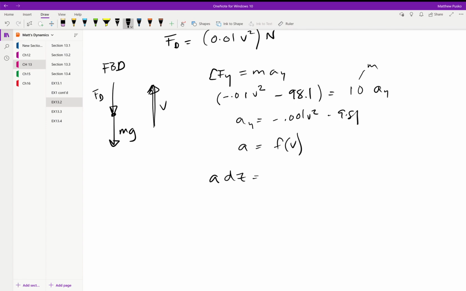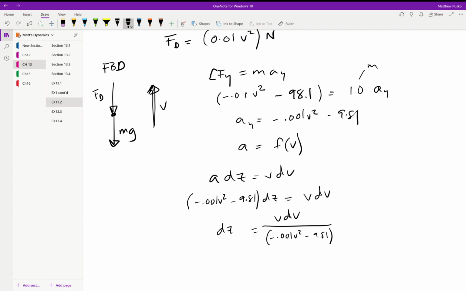Plugging in acceleration, I get negative 0.001 v squared minus 9.81 times dz is equal to v dv. Now we need to put dz all by itself, and we end up with v dv over all of this stuff: negative 0.001 v squared minus 9.81.